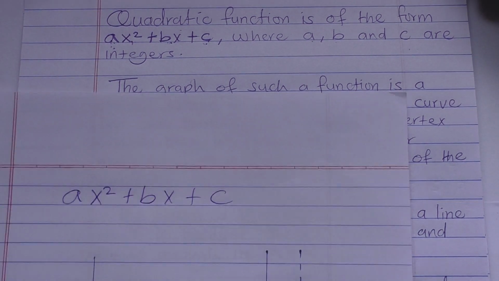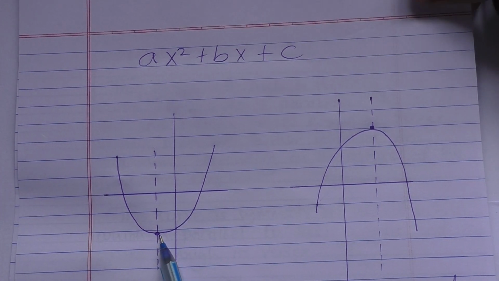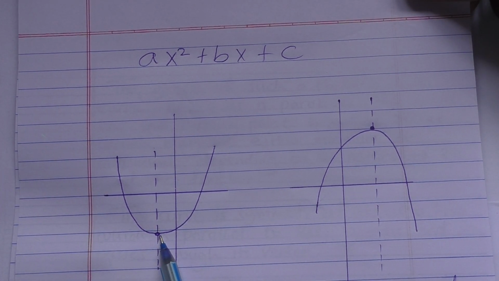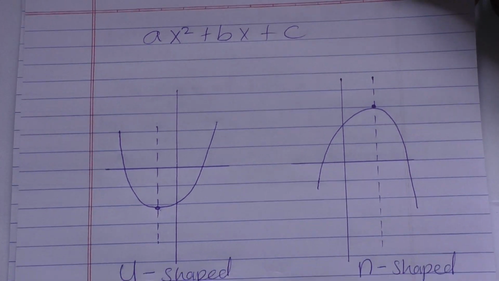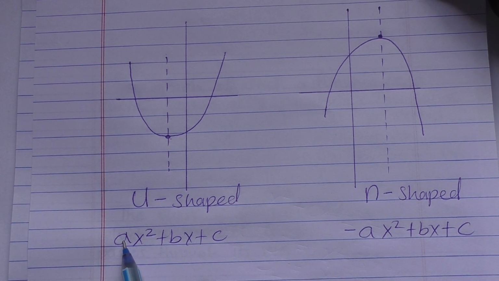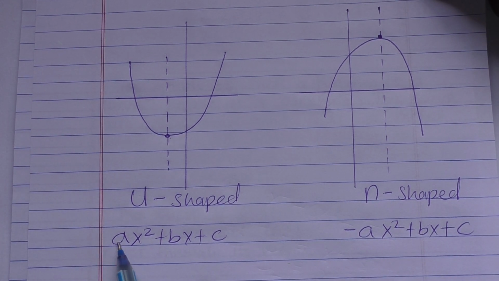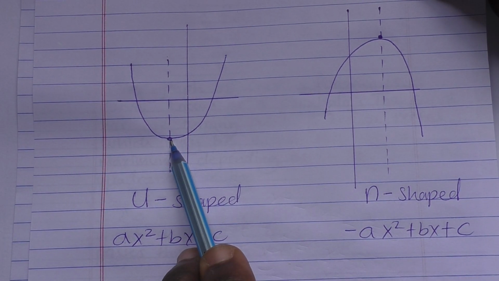This is what we mean. This is our U-shaped curve. Actually, we obtain a U-shaped curve when our a is positive. When the value of a is positive, then we shall have a U-shaped curve.